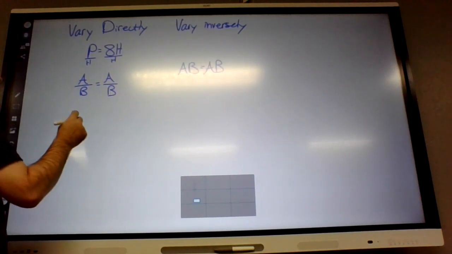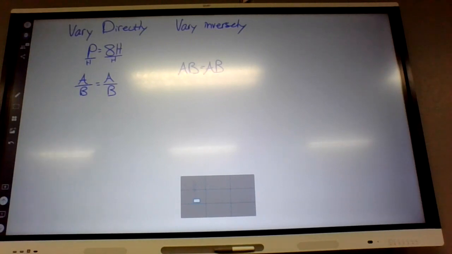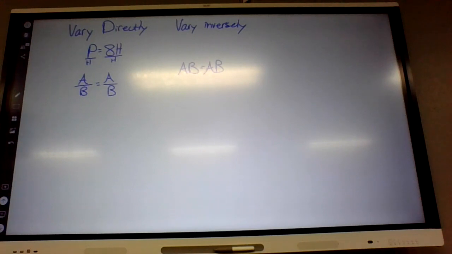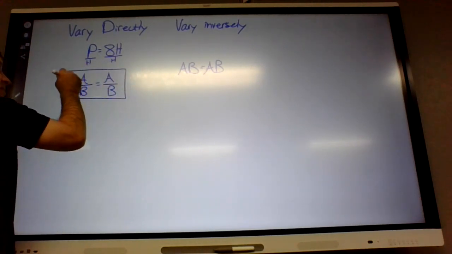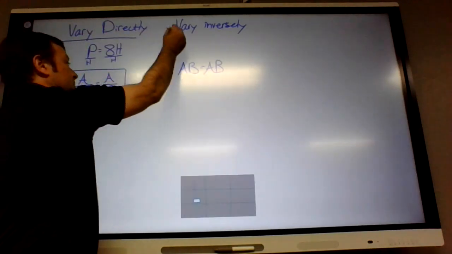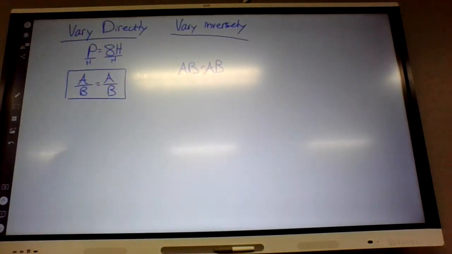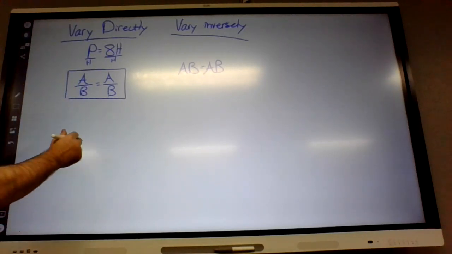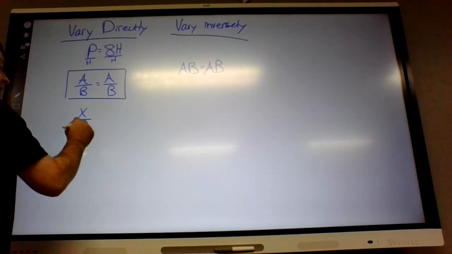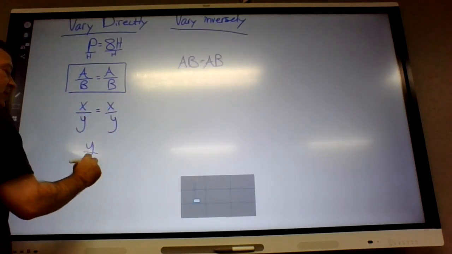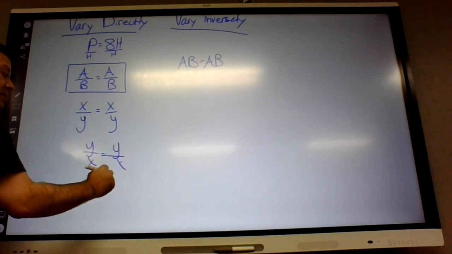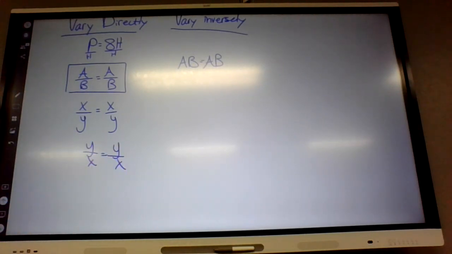All right, so on number 13, it says y varies directly as x. So that means we're going to be using this, varies directly. Instead of a and b, they're using x and y though. So you could do x over y equals x over y, or you could use y over x equals y over x. Doesn't really matter.